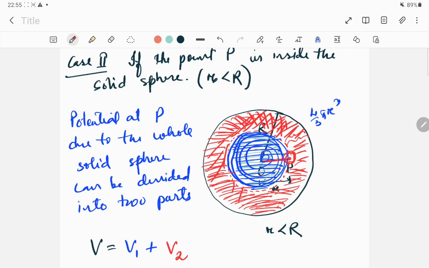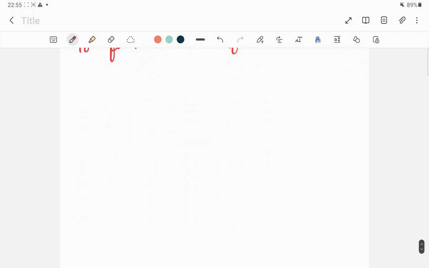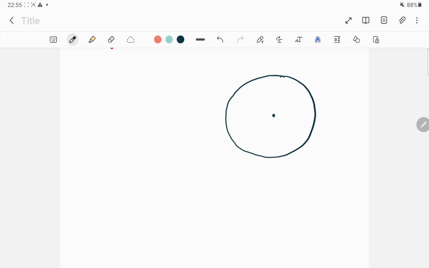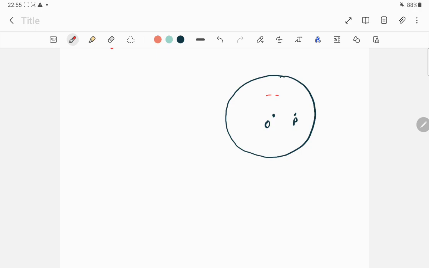Since our figure has got overlapped with so many things, we will draw it again. This is the sphere we have. This is the point O, this is the point P. We have already drawn one concentric sphere like this.